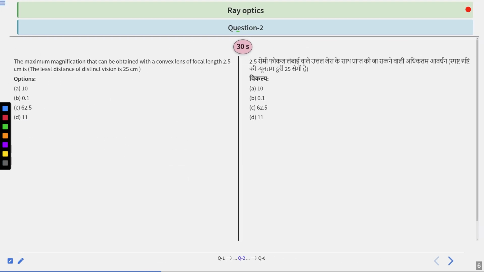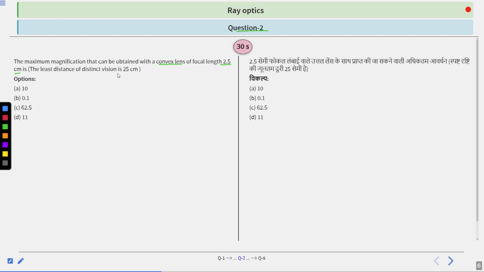Question 2. What is the maximum magnification that can be obtained with a convex lens of focal length 2.5 centimeter? The least distance of distinct vision is 25 centimeter.